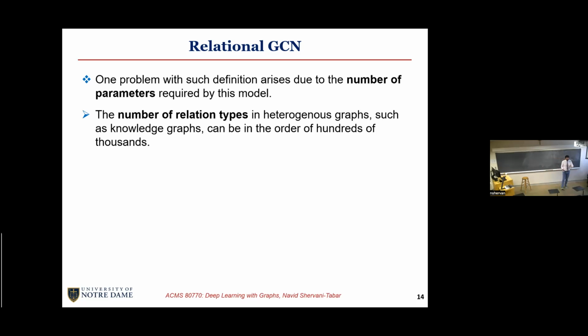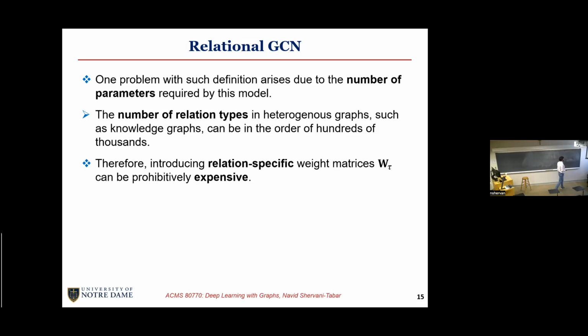But now I have hundreds of thousands of different weights that are specific to different relation types that I need to handle. And then it can be very expensive. In examples like a knowledge graph, it can be very expensive and you can't handle that. So you want to come up with some approach to handle this type of problem.